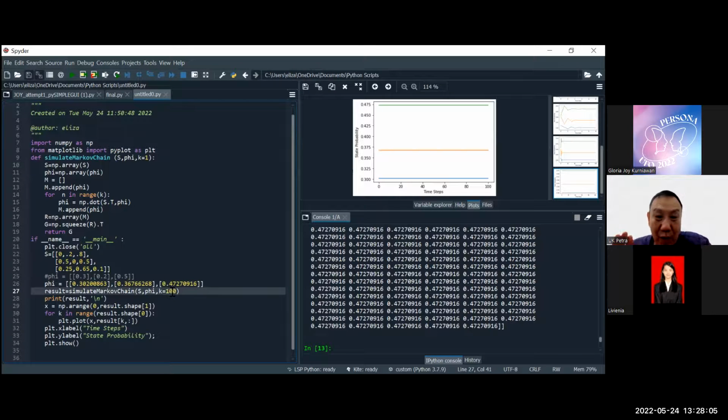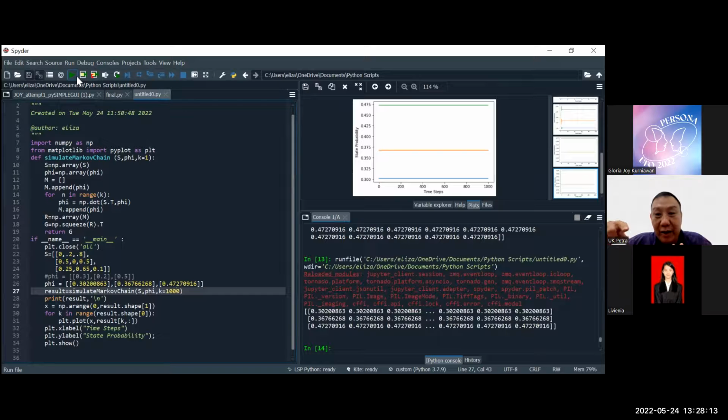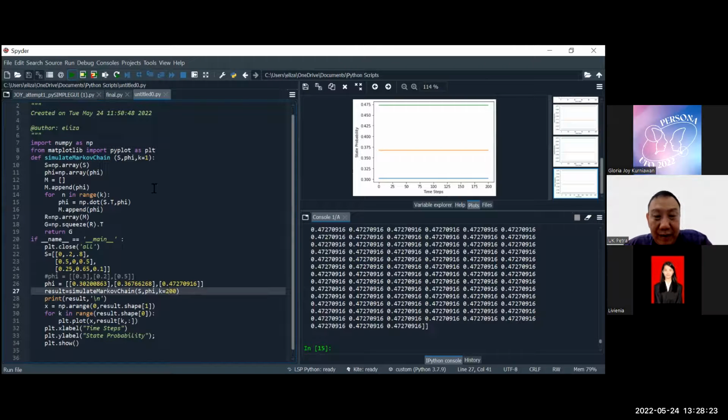But if you go out from that stationary distribution, from the equilibrium, then it will start to jump and move around, and then it will become stationary in the long run. I hope you understand the meaning of limiting distribution and stationary distribution.